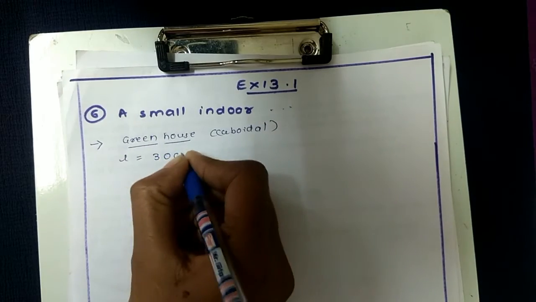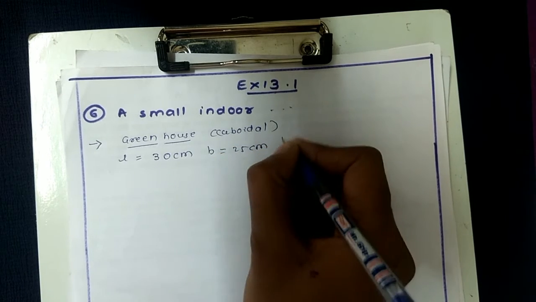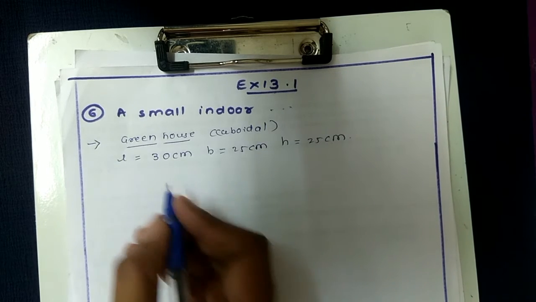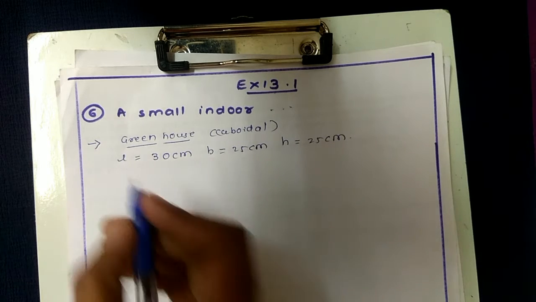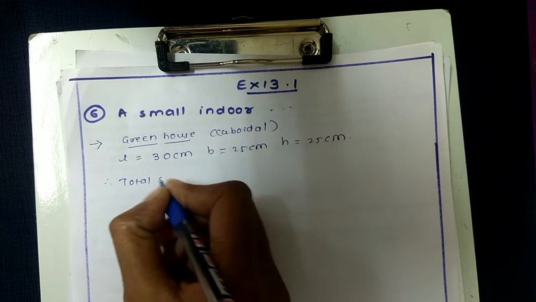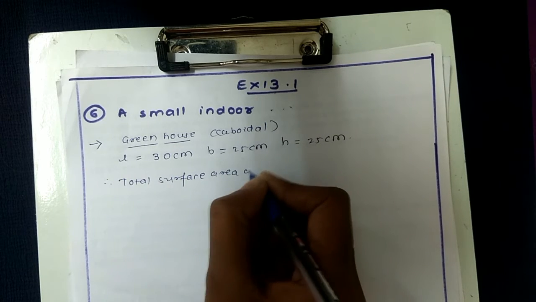Length is 30 centimeters, breadth is 25 centimeter and height is 25 centimeter. We'll first find the total surface area of the greenhouse, because the roof, top and all the 4 walls, everything is made up of glass. Therefore we will find the TSA, or you can write total surface area of greenhouse.